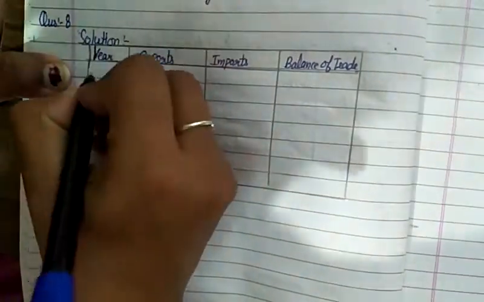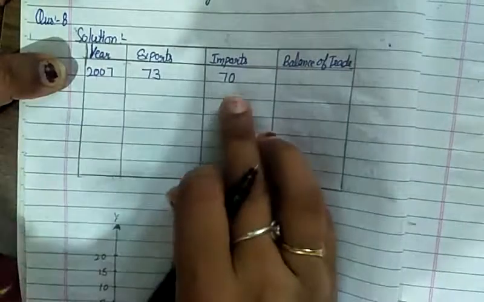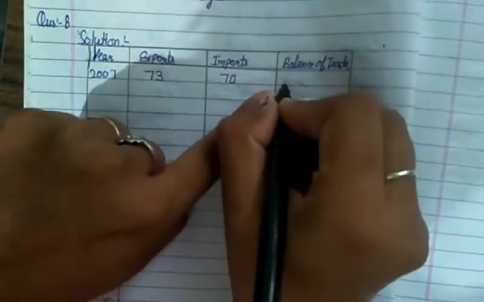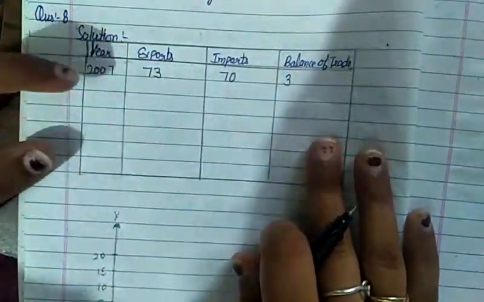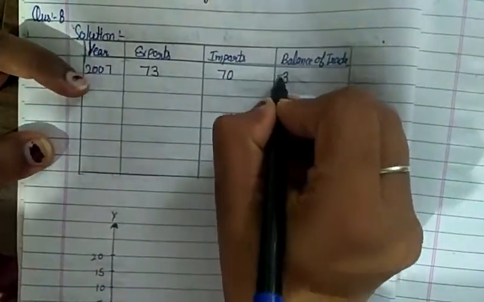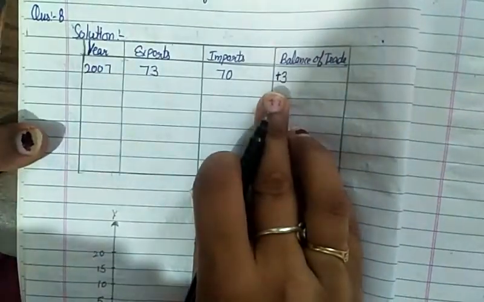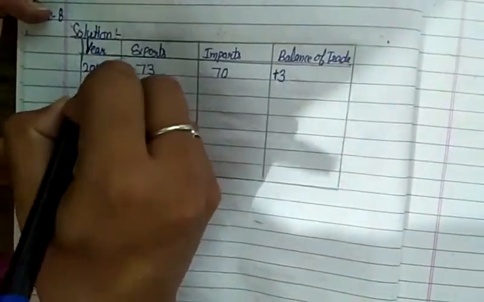So here is 2007: exports are 73, imports 70, so exports are more than imports, so 3 shows surplus. I am putting a plus sign before 3, that shows surplus of balance of trade. Next is 2008.